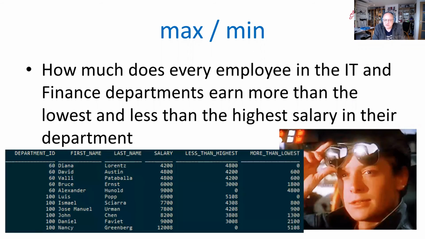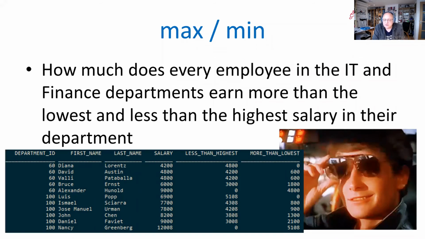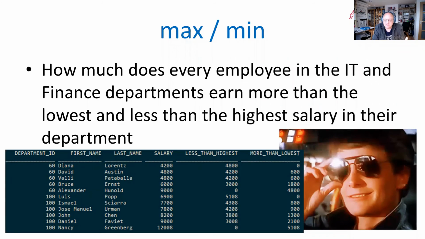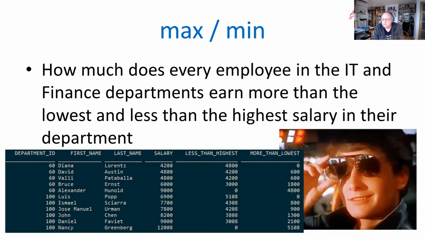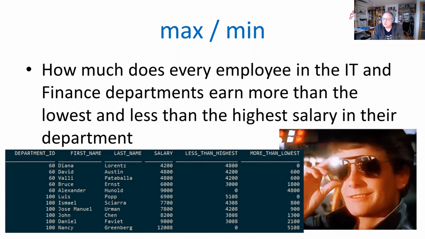That would look like this. For example, Bruce Ernst on row 4 earns 6,000. That is 3,000 less than the top salary in his department of 9,000, and it's 1,800 more than the lowest of 4,200. How could we do this?